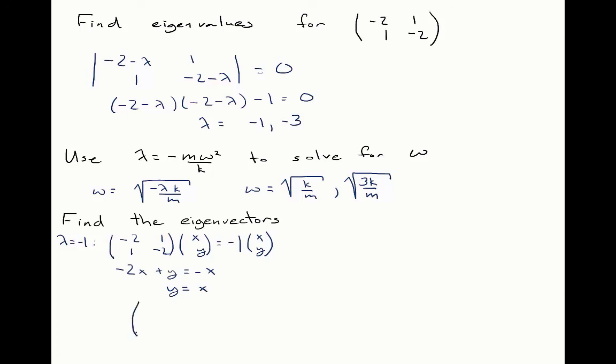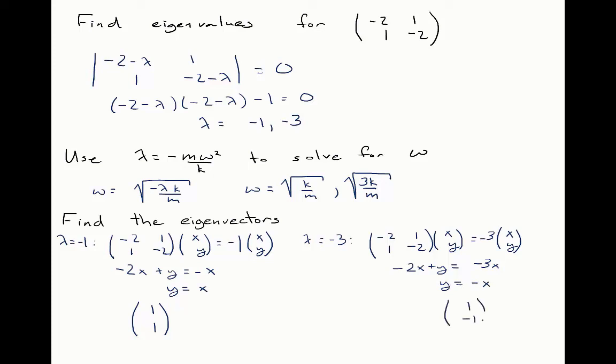This means that our eigenvector is (1, 1). For our other eigenvector, we get that y equals minus x, or (minus 1, 1).